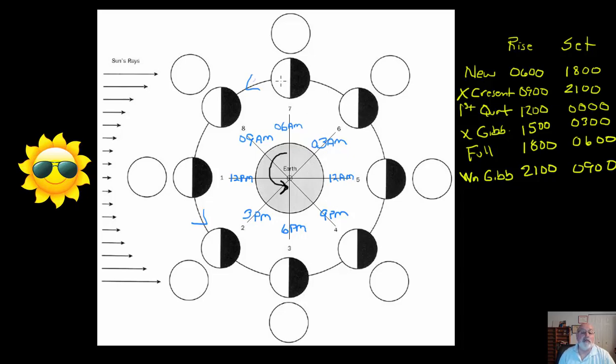And then we move to this quarter, the third quarter, or the waning quarter. And where are you going to see it? You're going to see it at 2400, 0 hours. And you'll actually see that moon all the way over to 1200 hours. And then we move over to the waning crescent.